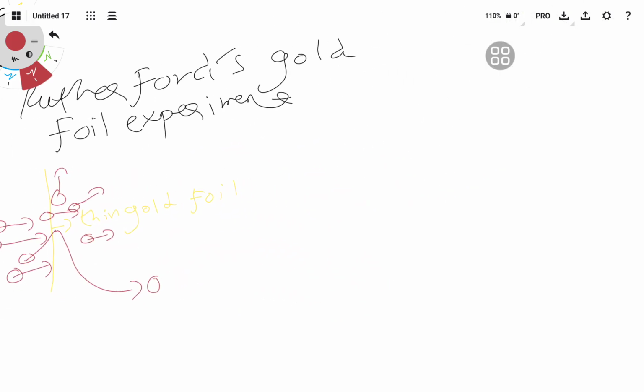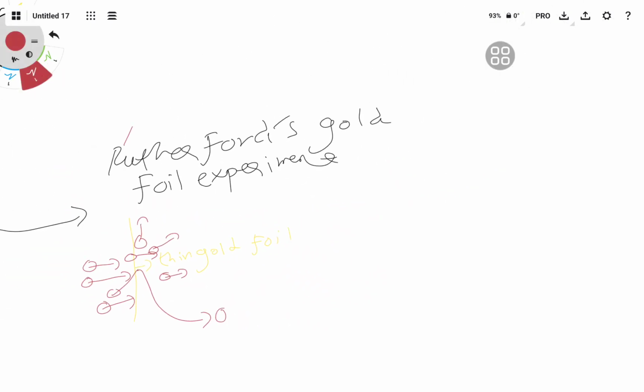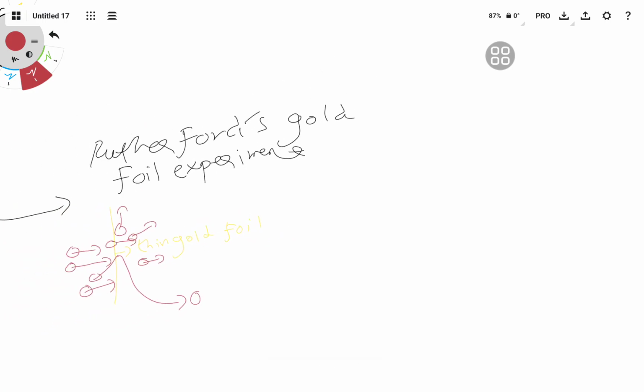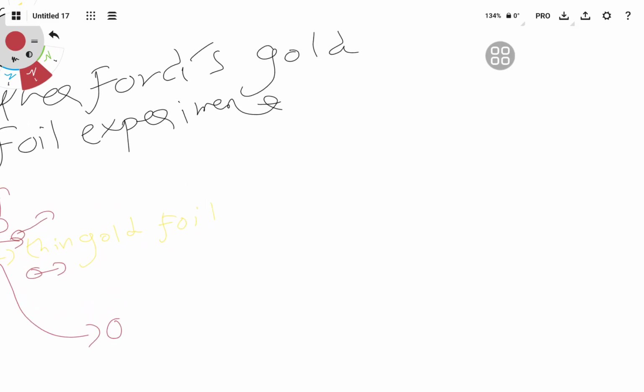So using this, we came upon a model called the nuclear model of the atom, from the gold foil experiment. We used this to come up with this model.